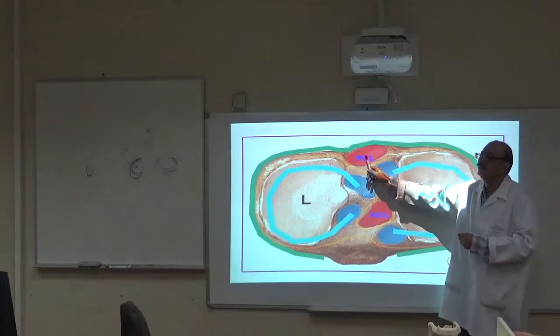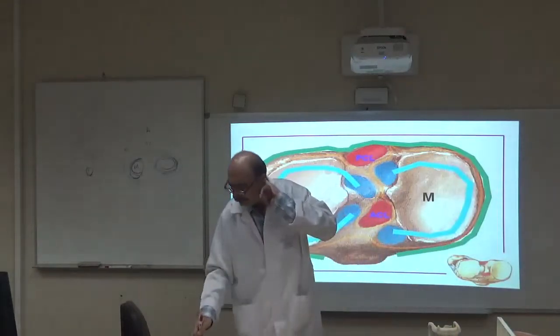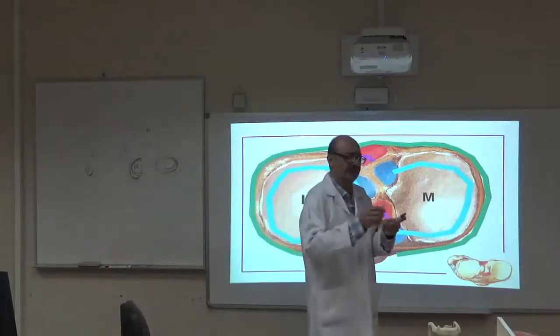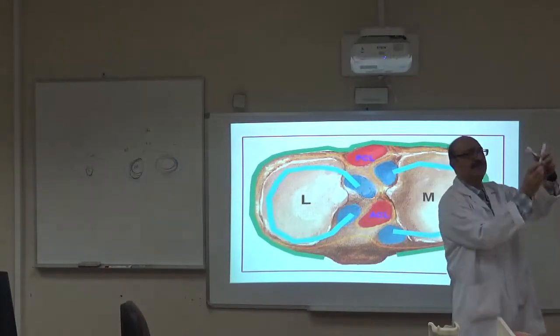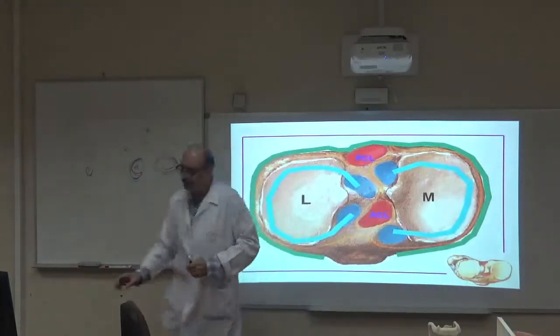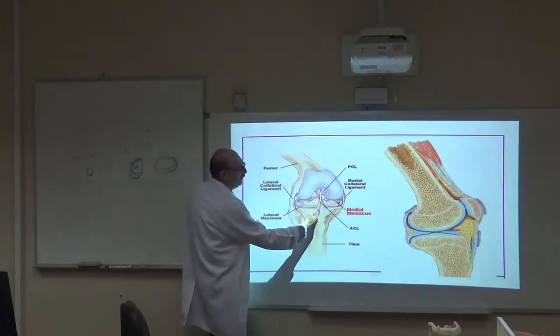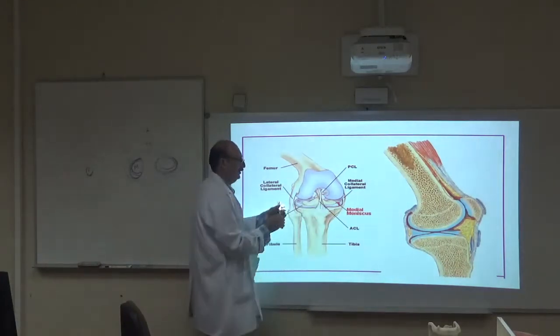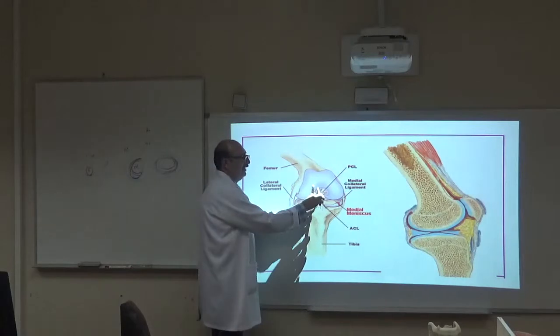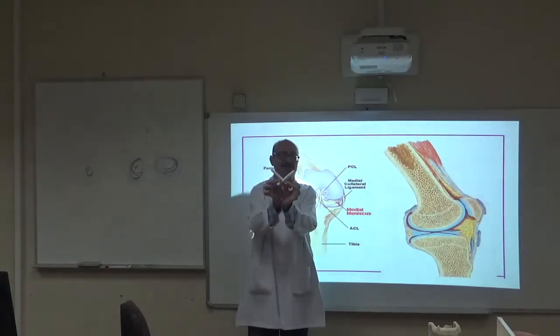Then the posterior cruciate ligament. What is cruciate? Cruciate means cross. Like this, crossing. If you see this picture, again, you will appreciate 2 ligaments. One going back and one like this. If you see the side view, it will be like this.